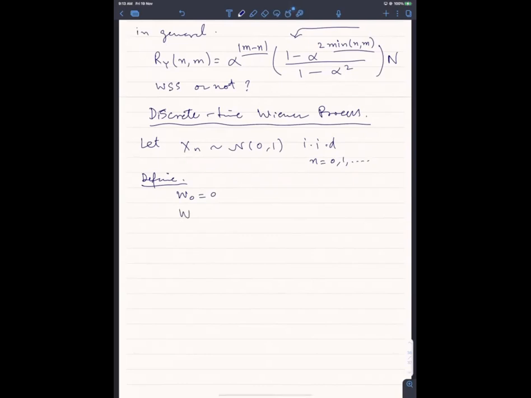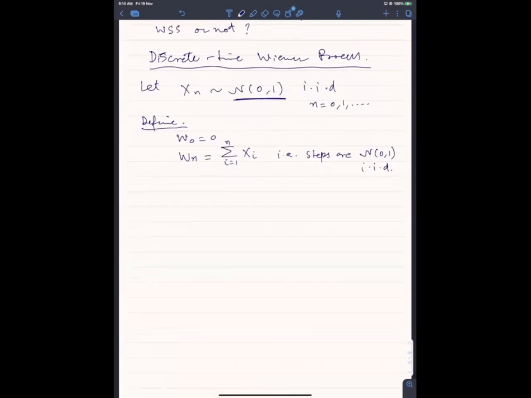Okay, and then W_n is just the summation from i equal to 1 to n of X_i, like in our random walk, but in the random walk you either go +1 or you go -1. In the discrete time Wiener process it is not +1 and -1; instead of +1 -1, you add and subtract a normal. So the steps are normal 0, 1 IID.